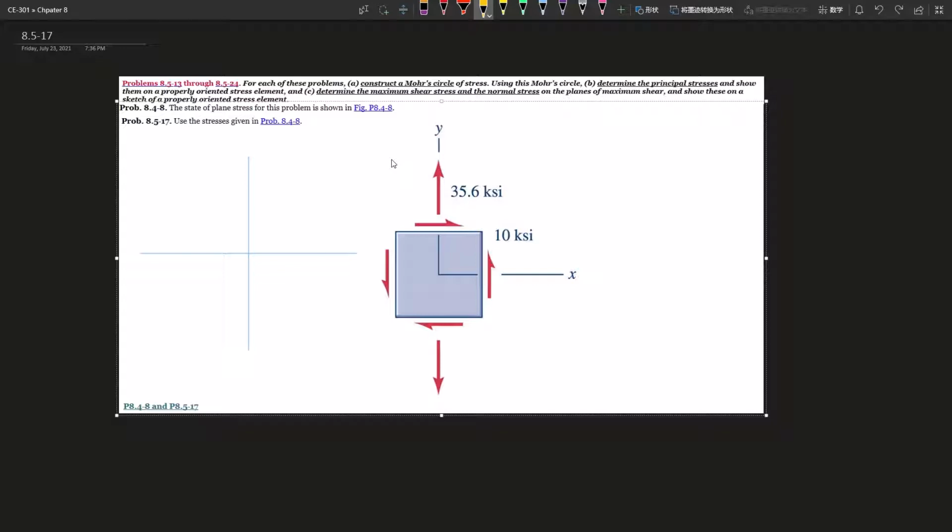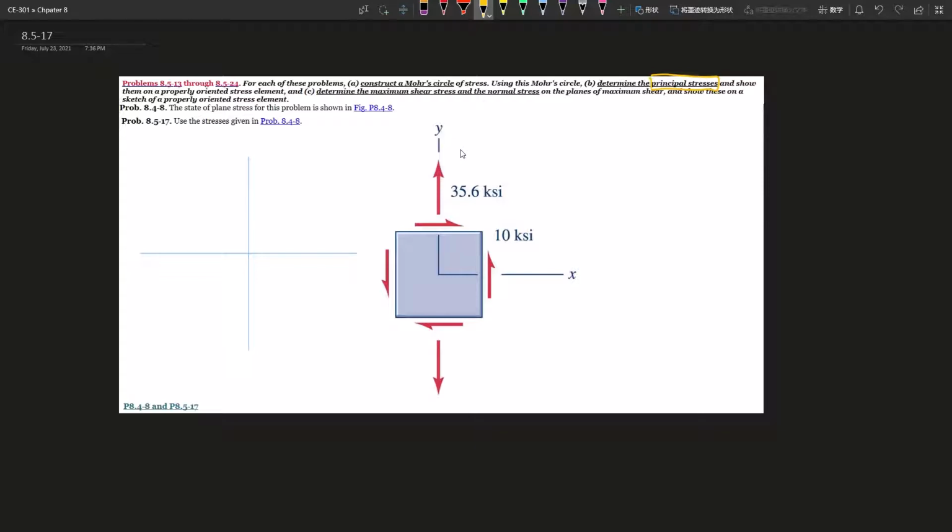Basically, this version is trying to find the principal stress, so you have to know what that is and the orientations and everything. I did a detailed video on, I believe, 8.5-7.